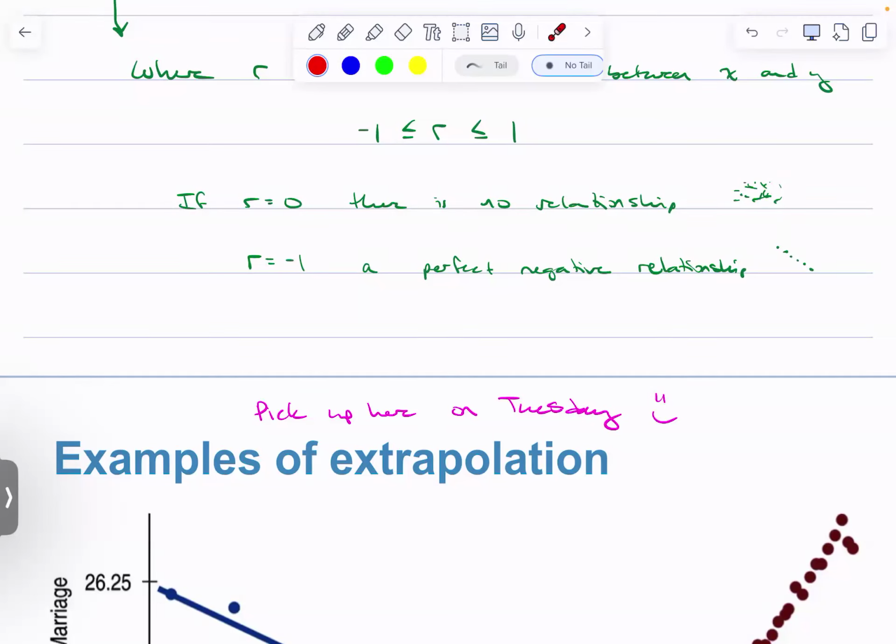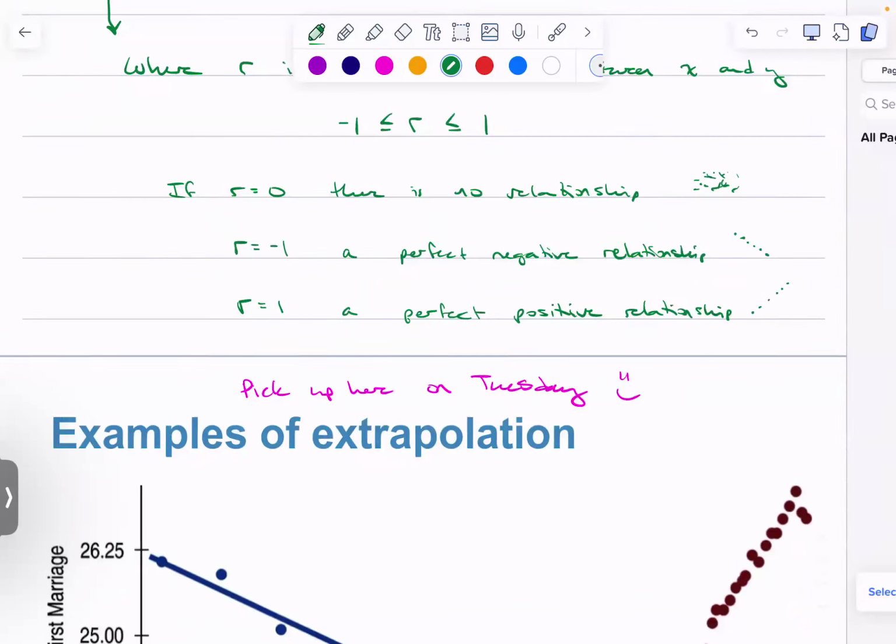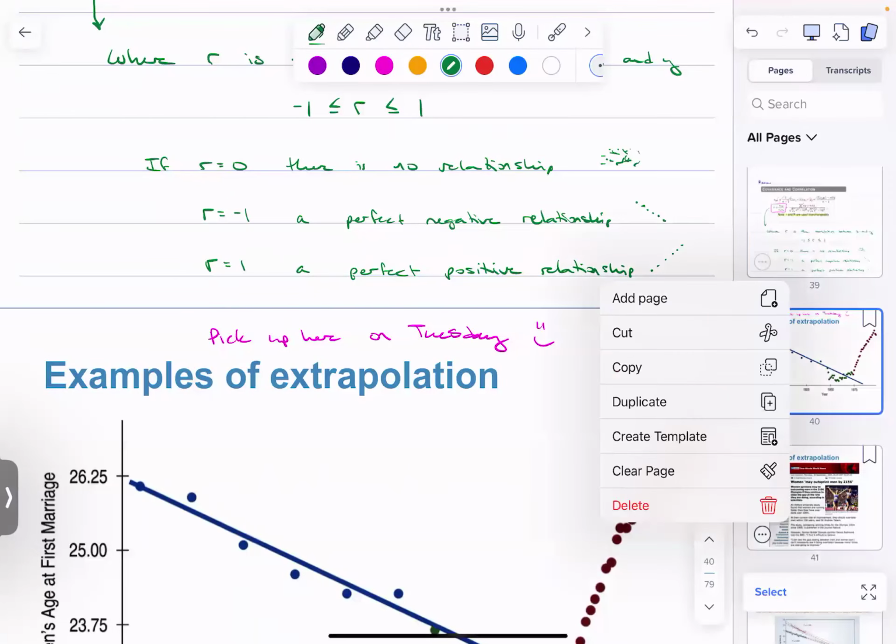This cloud is going to kind of straighten out the closer you get to -1. Okay. And then a correlation of 1 is a perfect positive relationship. Which looks like this. Let me add a page here.